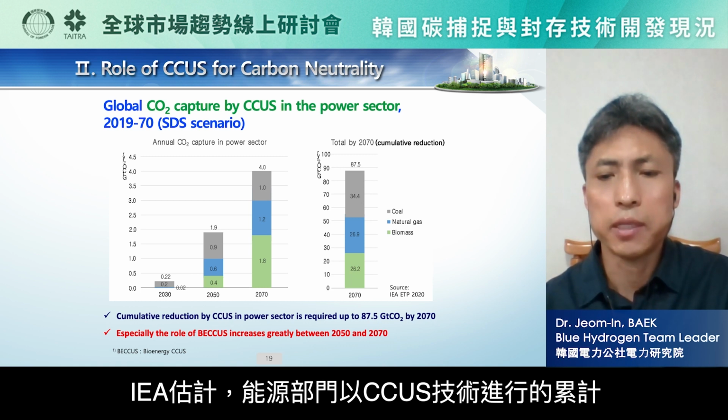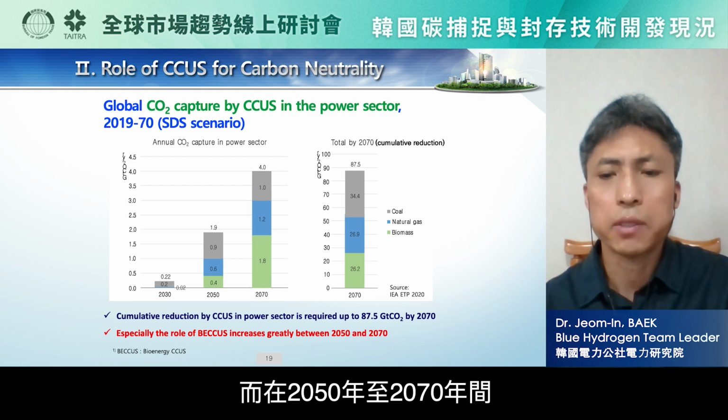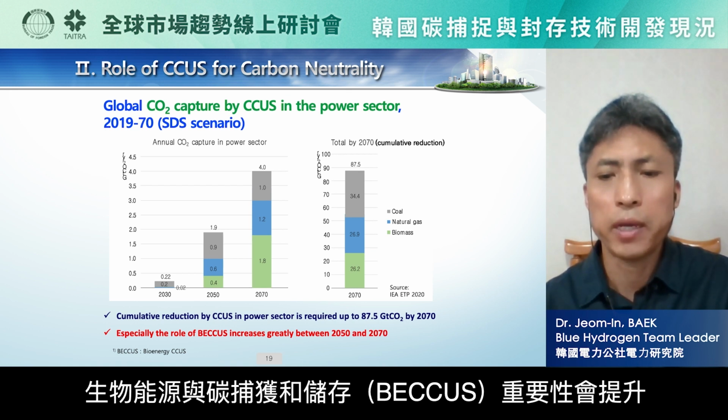IEA estimated that cumulative reduction by CCUS in the power sector is required up to 87.5 gigaton CO2 by 2070, and the role of bioenergy CCUS will increase greatly between 2050 and 2070.